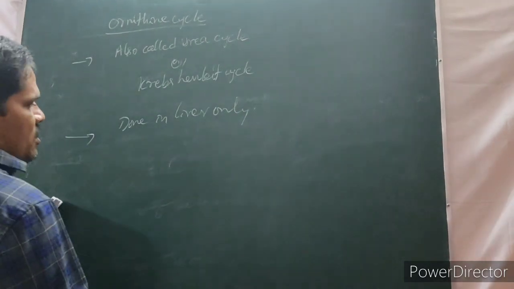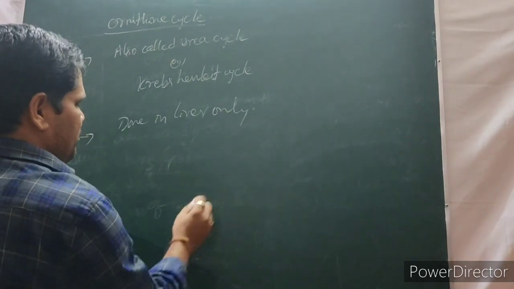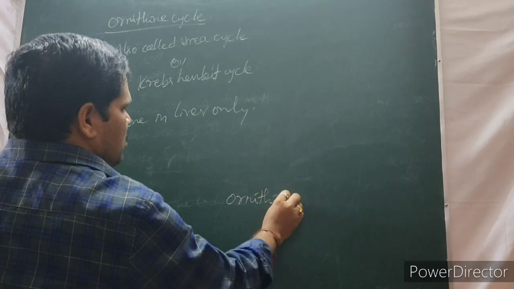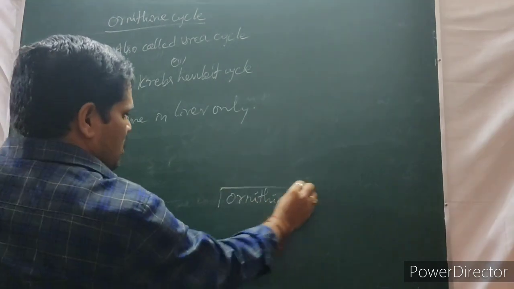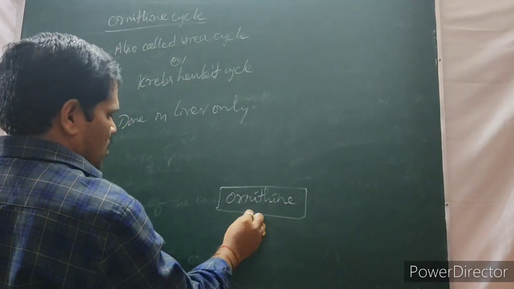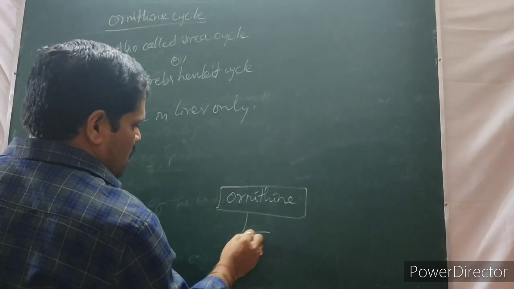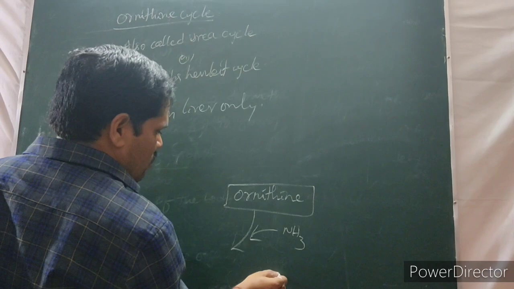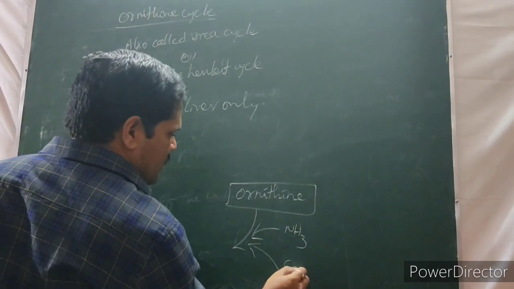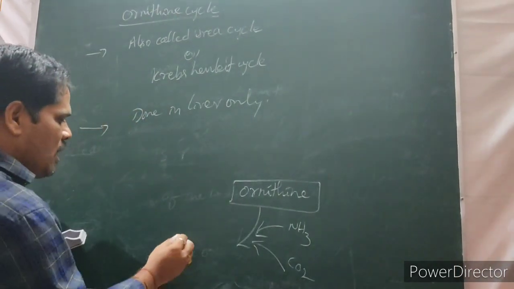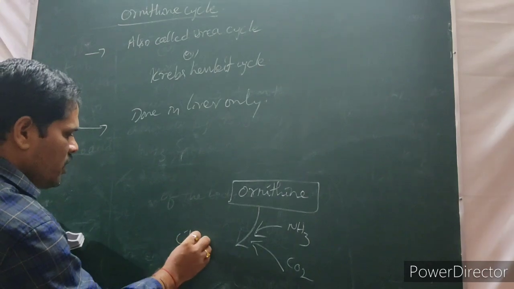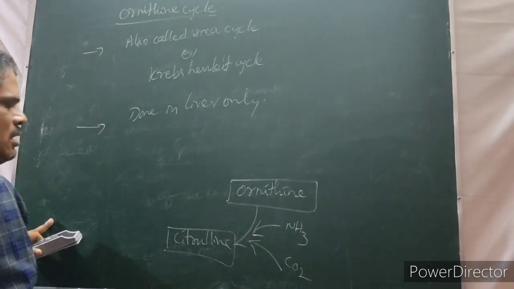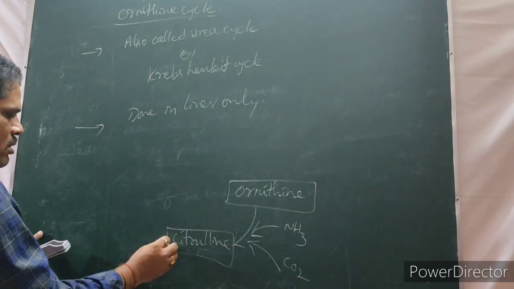Now, to see the ornithine cycle, ornithine is one of the amino acids. To this amino acid, one molecule of ammonia and one molecule of carbon dioxide are added, and citrulline is formed. Citrulline is another amino acid.